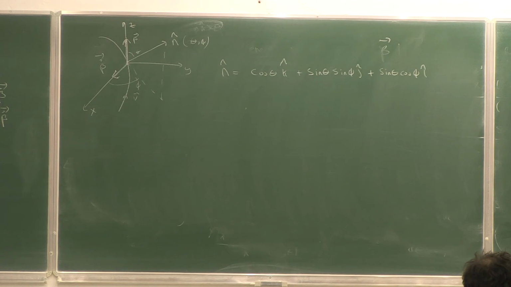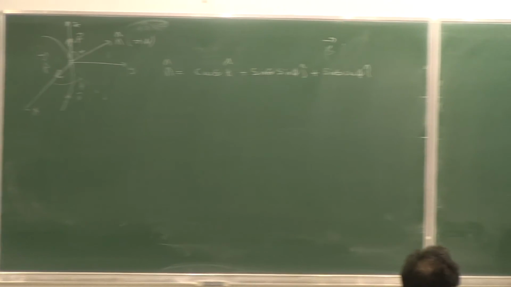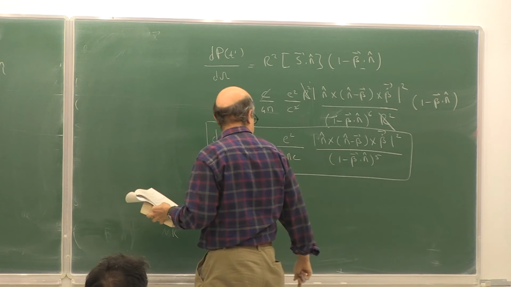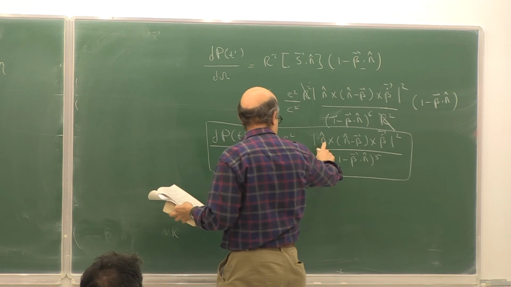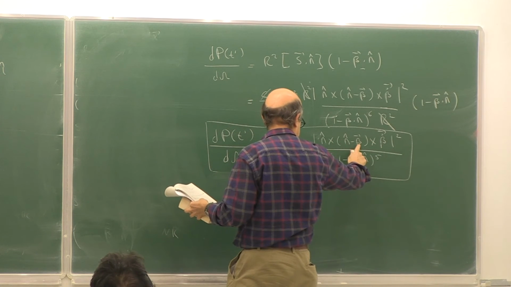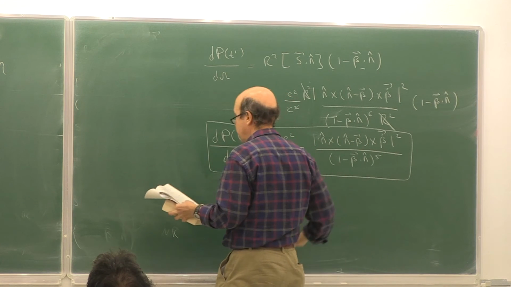So that is nothing but the following: n dot beta dot along n minus beta, minus n dot n minus beta along beta dot.